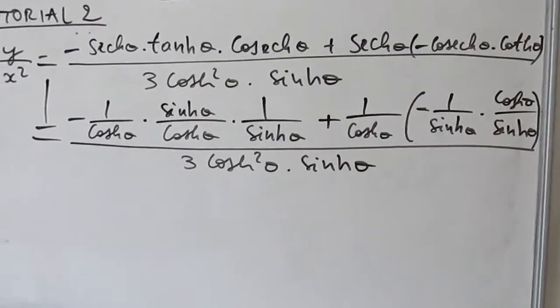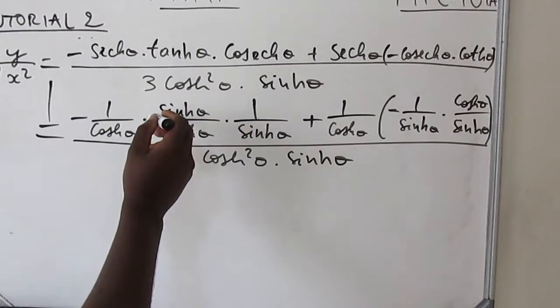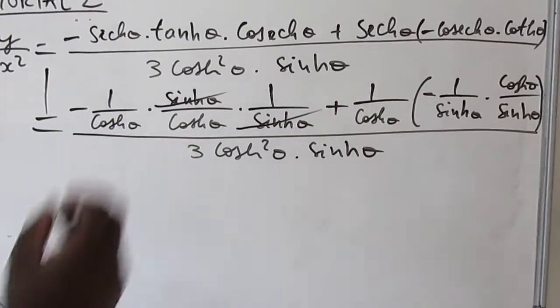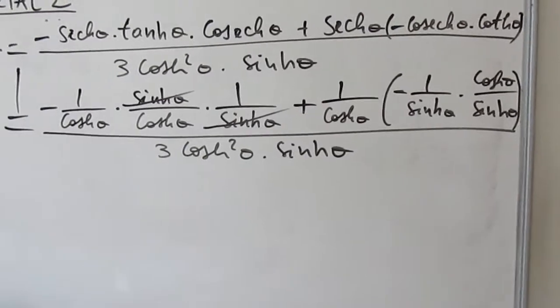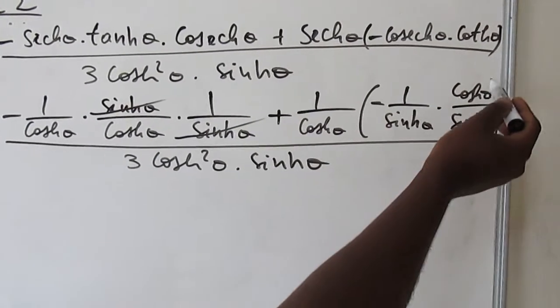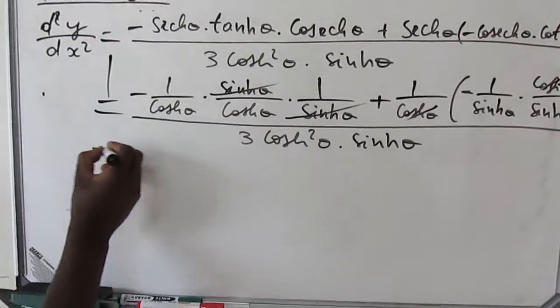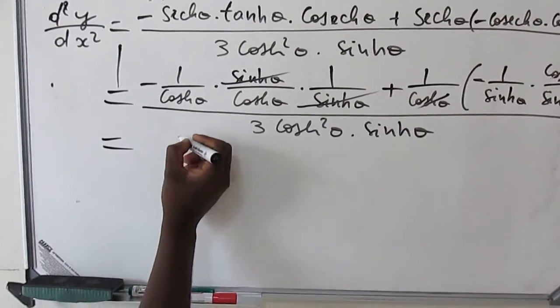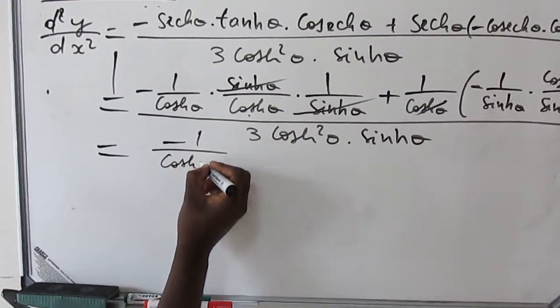So something can be simplified. We can simplify sinh and sinh. These sides, there is something to simplify as well. Cosh here and cosh there. Alright. Then after that, what is remaining here? We have negative 1 over cosh times cosh, which is cosh squared.